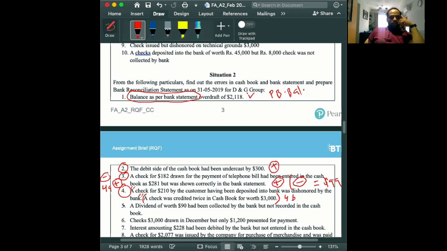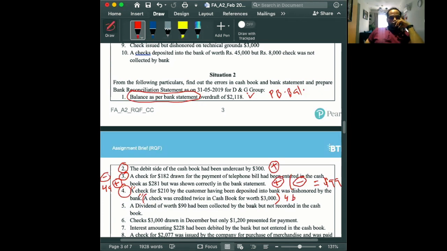Now, fifth, sorry, 4B, I forgot 4B. 4B is a check was credited twice in the cash book for worth 3,000. Positive, plus.